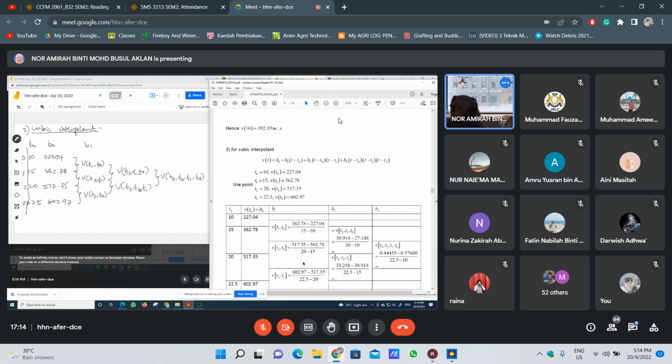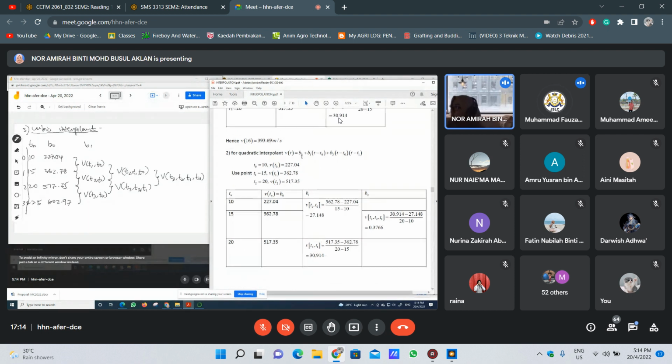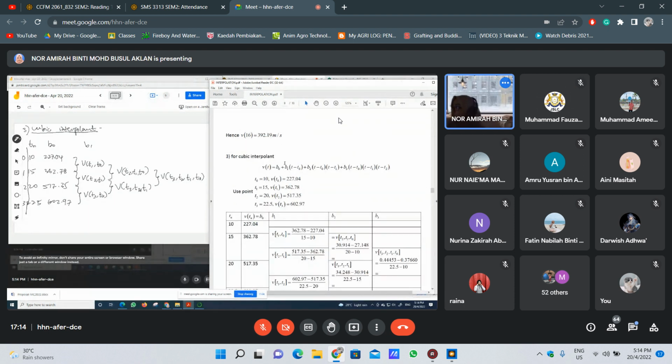The formula untuk VT ni dah salin ke belum? Dah, for all the three: linear, quadratic and cubic. So understand kelas?